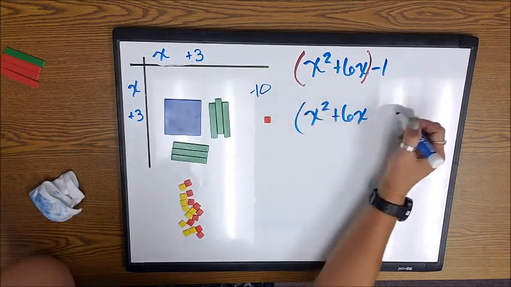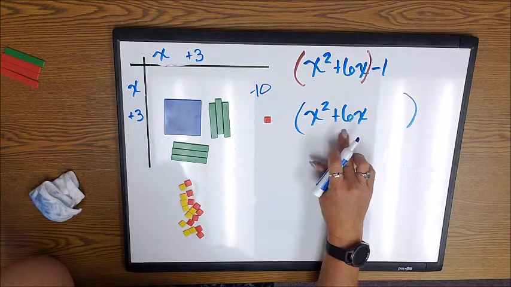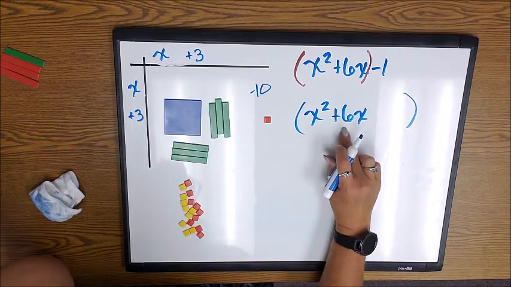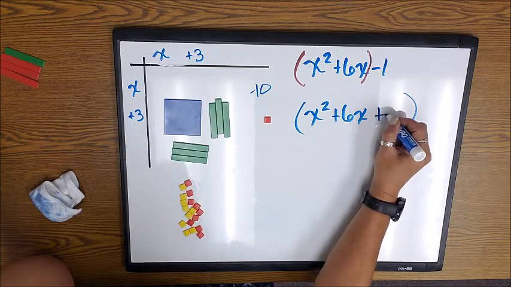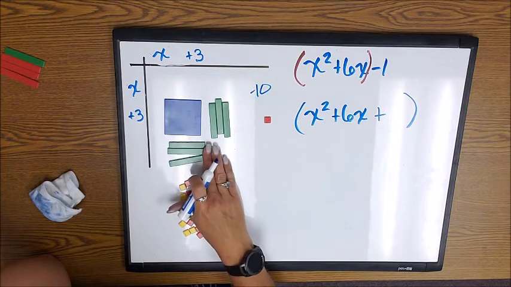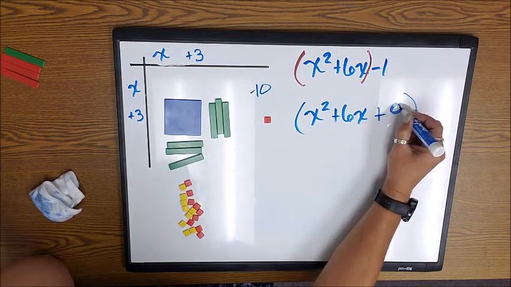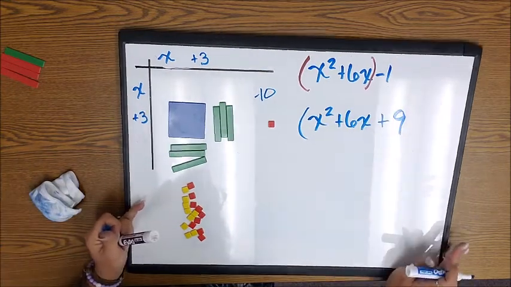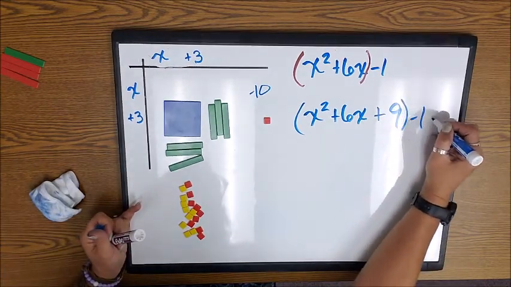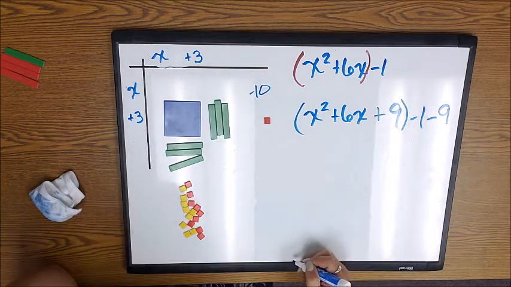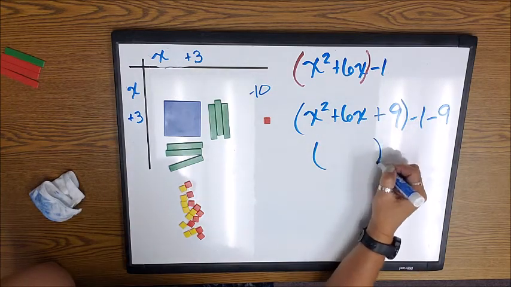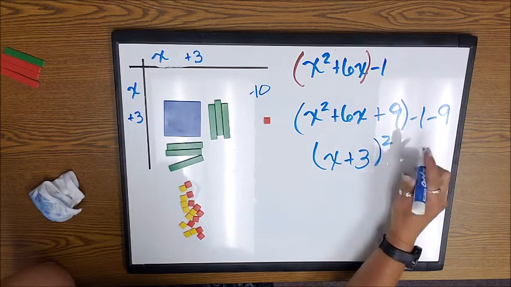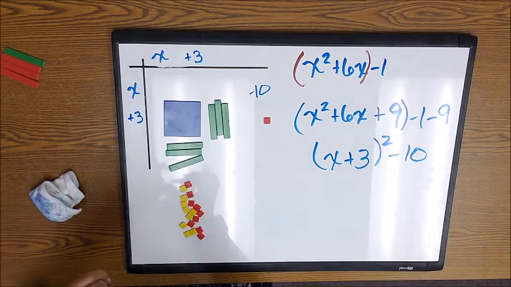That's where the half of this number comes in, because we're dividing that in half to put in each side of my square. So half of that number, and then we ended up with the 3 by 3 squared. Well, because we are adding the 9, I have to subtract it back off. And that's how when we factor, we get the x plus 3 in here and the negative 10 out here.